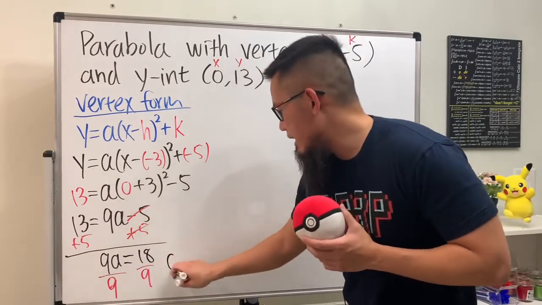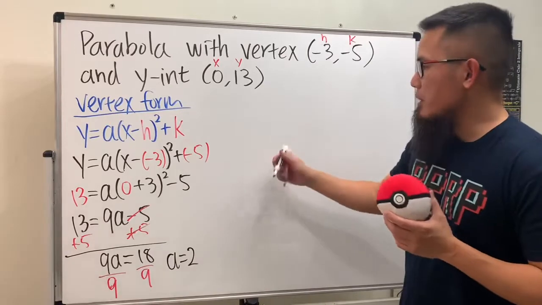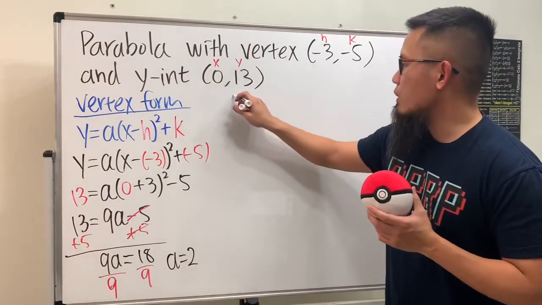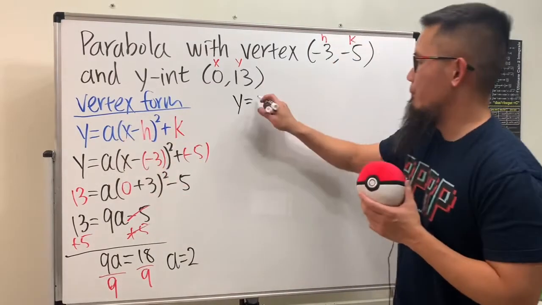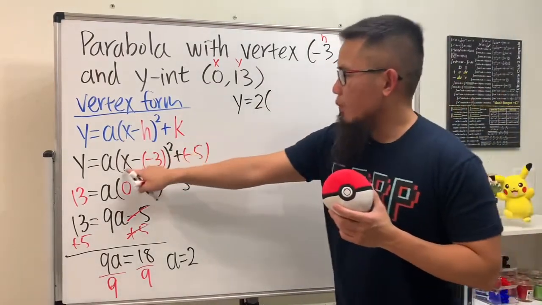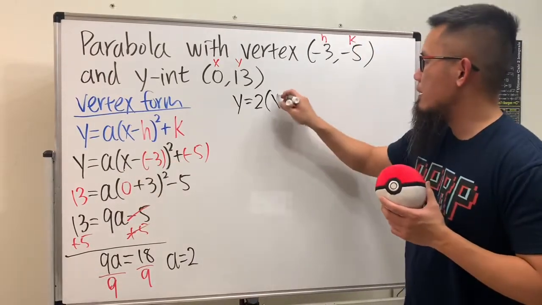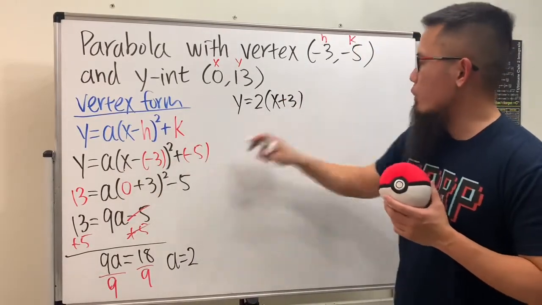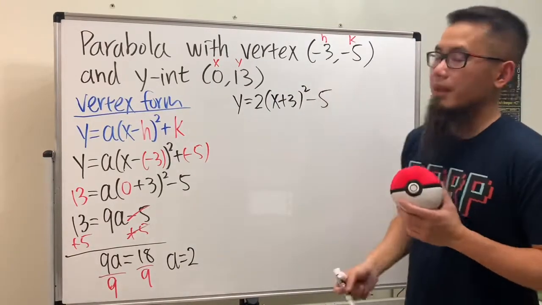And we'll get a is equal to 2. Very nice. So we can actually just come here and say the equation should be y equals a is 2. So we can just put that right here. And then times, well, x minus -3, so it's just x plus 3. And then square and plus -5, it's the same as just -5.